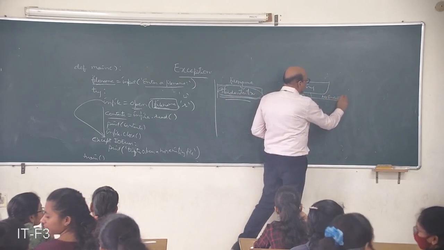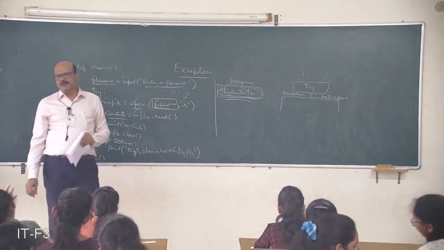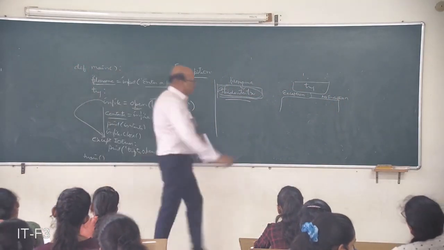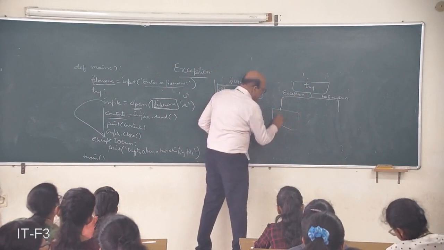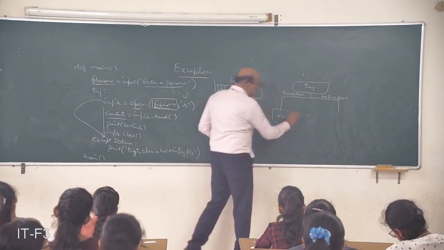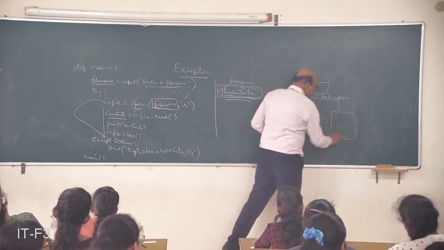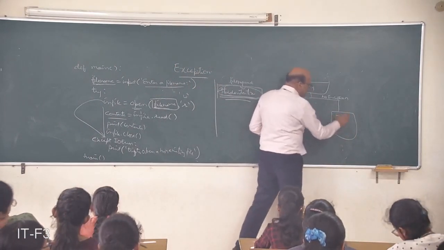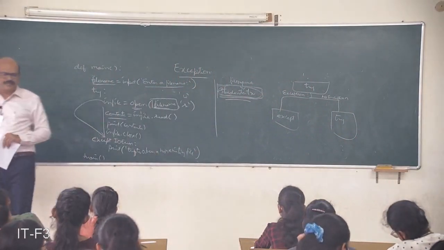If you draw a flow chart, it looks like this. When the statements inside the try block are getting executed, and one of the statements raises an exception, the control transfers to the respective except block. When there is no exception, the try block will be executed and the remaining statements in the try block will be executed.